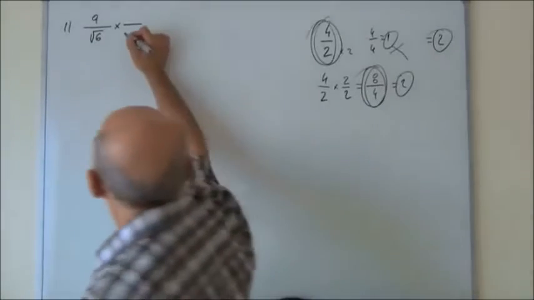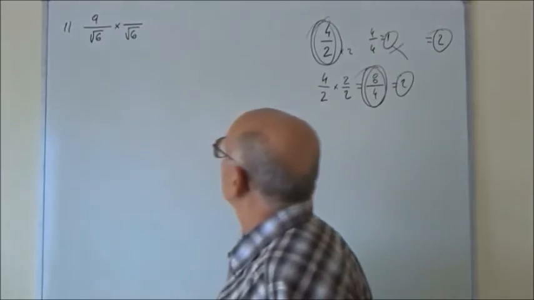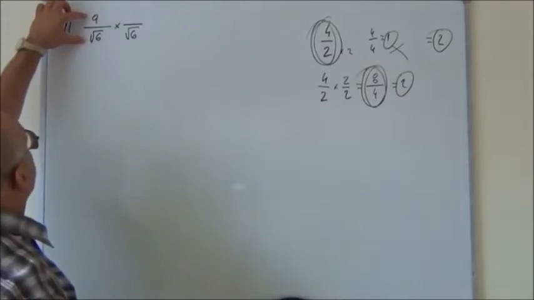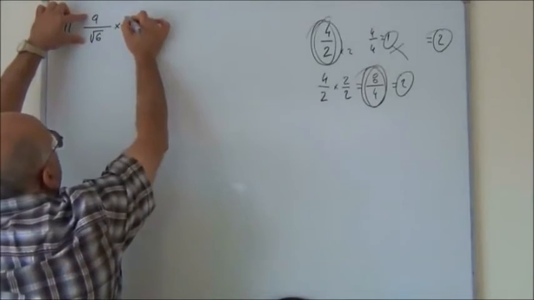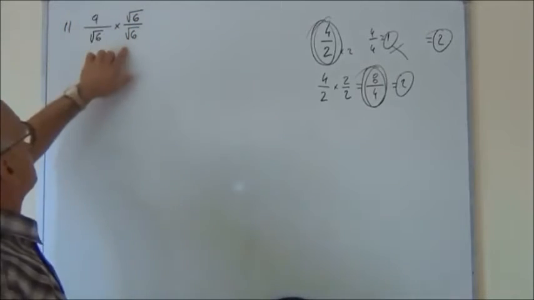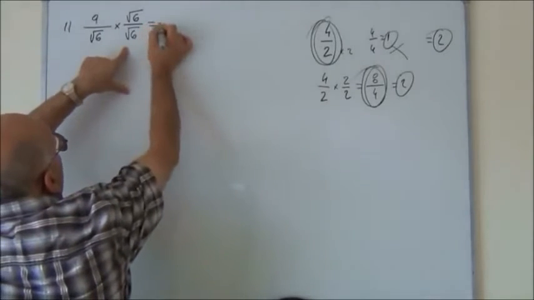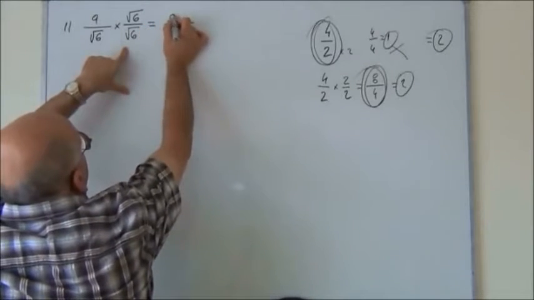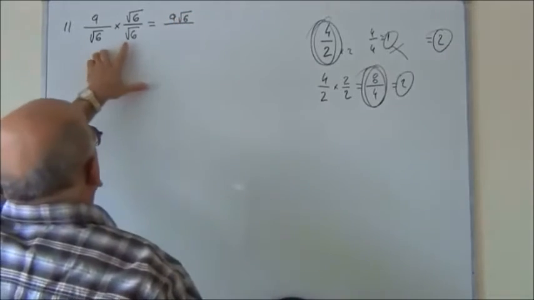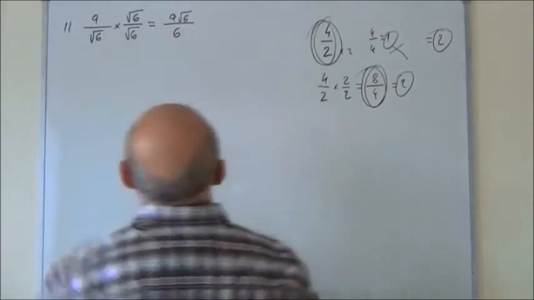So we can't multiply just the denominator by square root 6. We have to multiply this fraction by 1, but we write 1 as square root 6 on square root 6. Now we have 9 root 6 on top, and here root 6 multiplied by root 6 is just 6.